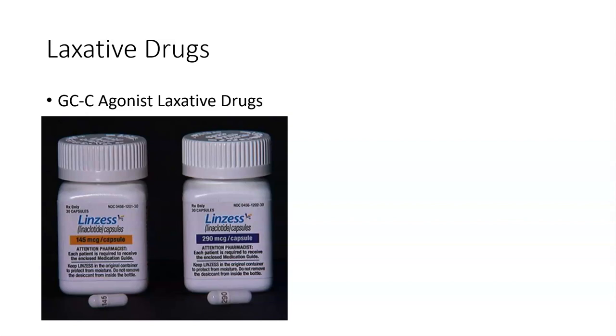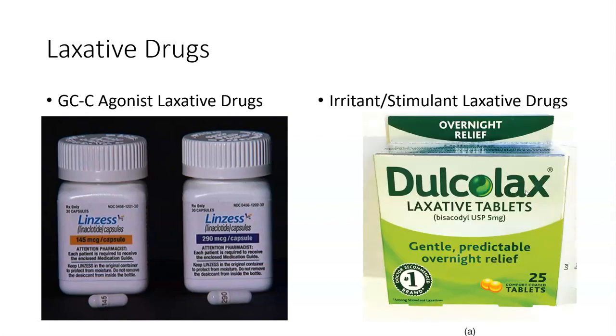Did I talk about Linzess? I'm thinking I didn't, but I know I talked about a GC-C agonist. This is linaclotide. This is Linzess. It causes secretion of fluid. It softens the stool. And we use it for IBS-C. It's been a minute. That's why I already forgot.